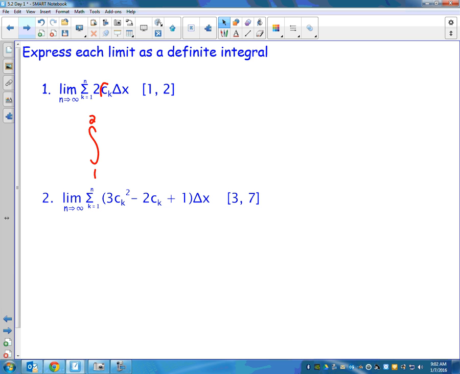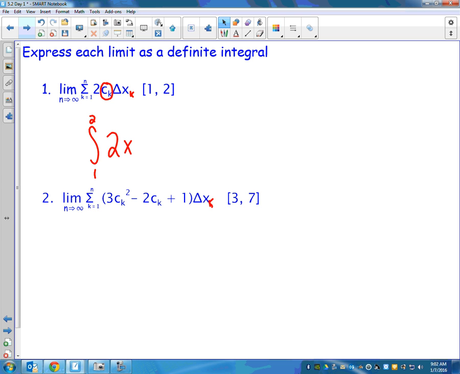And then instead of 2c sub k, what's that c sub k going to change to? It changes to x. So that's just going to change to 2x.